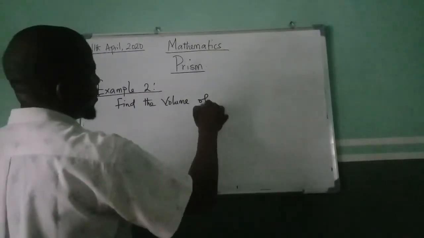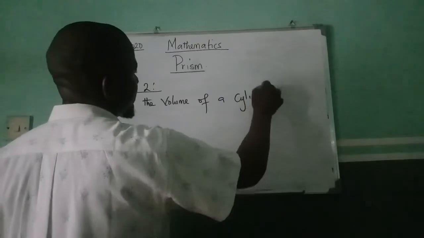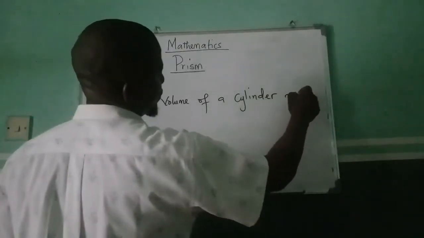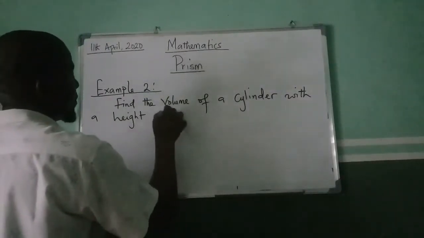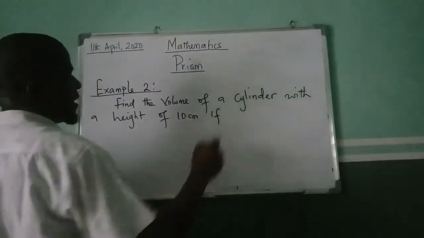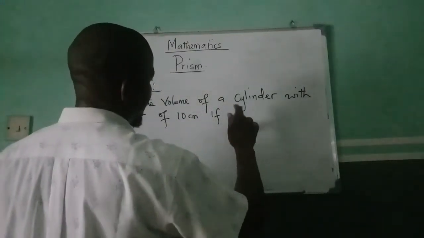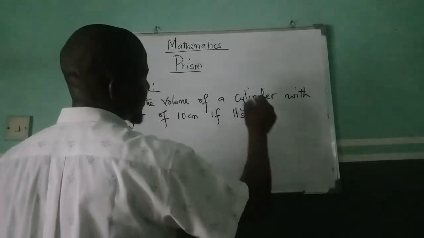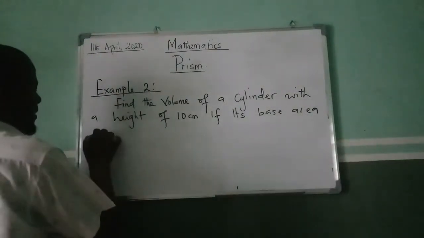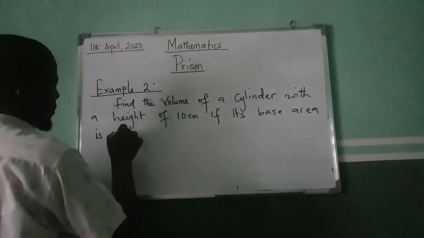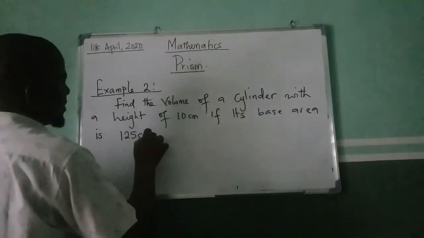Now, you are asked to find the volume of a cylinder with a height of 10 centimeters if its base area is 125 centimeters squared.